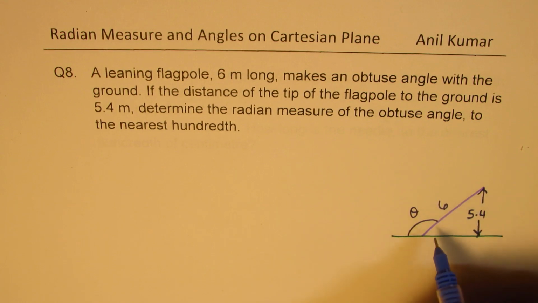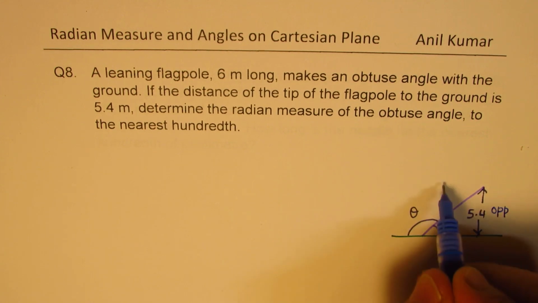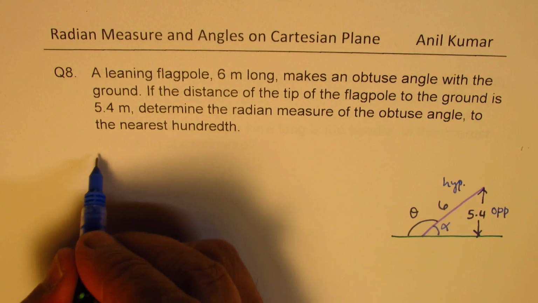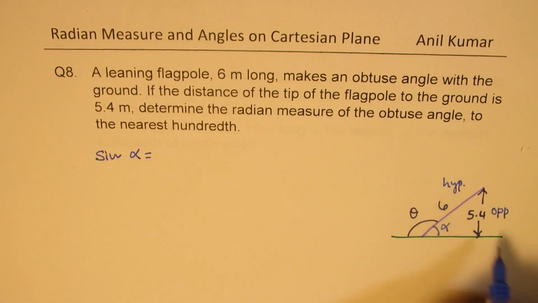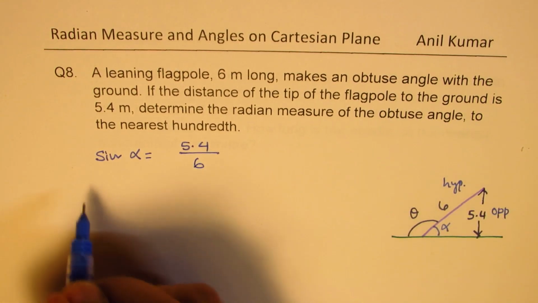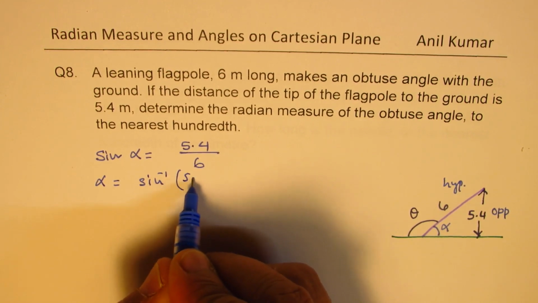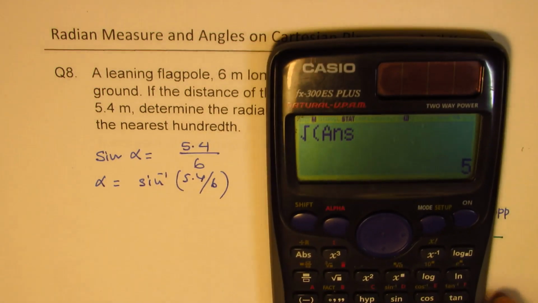Okay. So let us first find what this angle, alpha, is. Now since we are given the side opposite and the hypotenuse, we could use sine, right? So we know sine of the angle alpha should be equal to 5.4 over 6, right? So alpha will be sine inverse of 5.4 over 6. So we have to work in radians, okay?